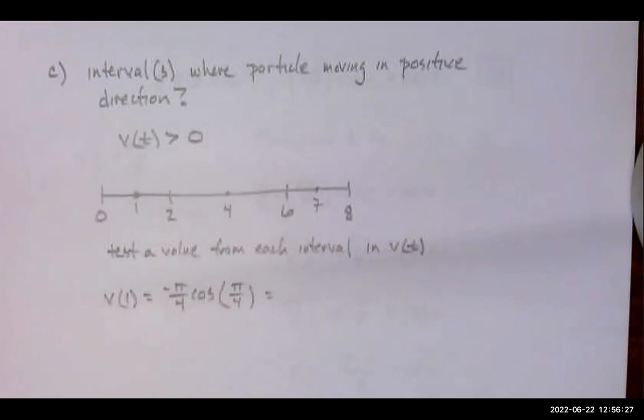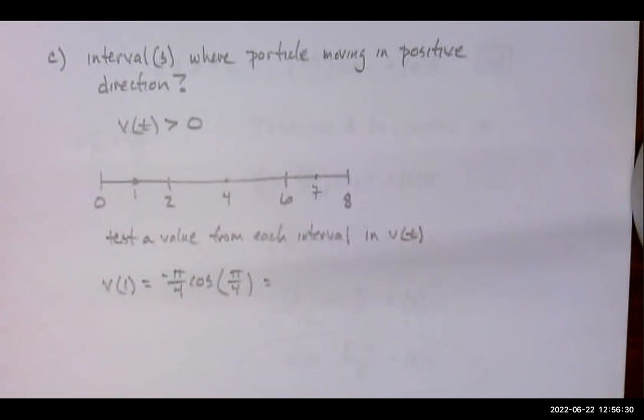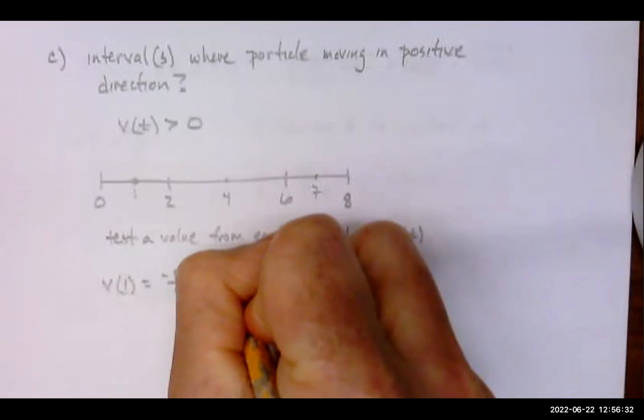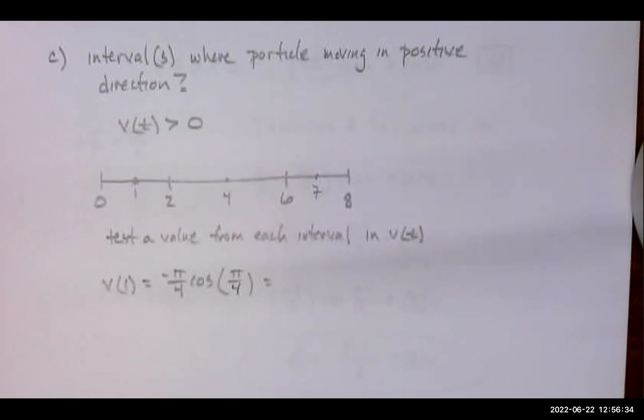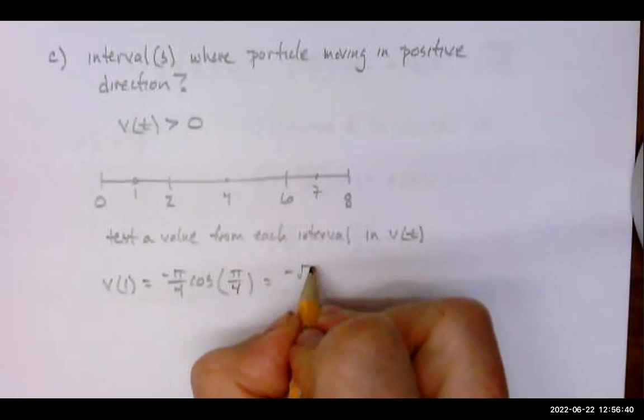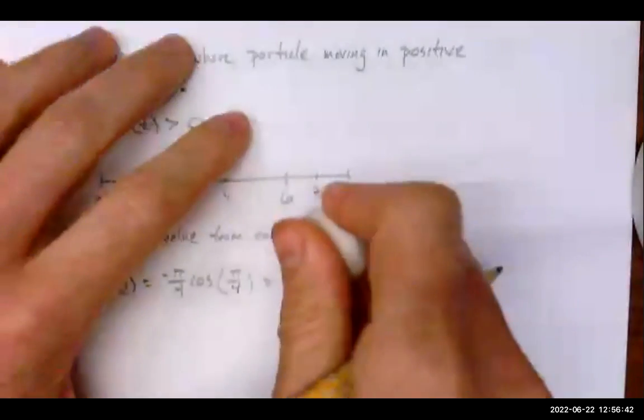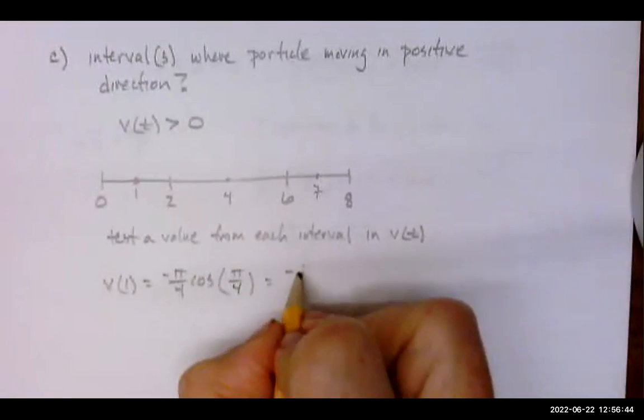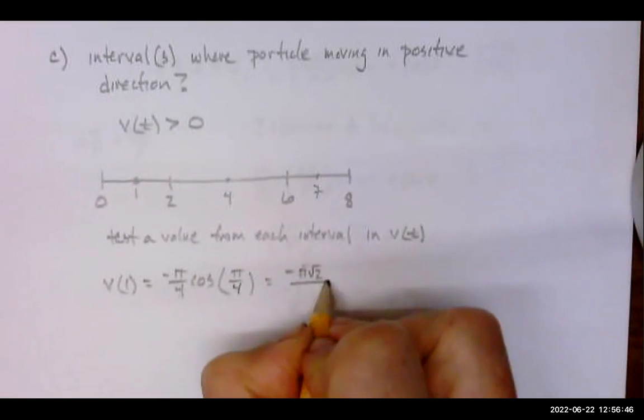Let's see. The cosine of pi over 4 is positive root 2 over 2. So root 2 over 2 times negative pi over 4 would be negative pi root 2 over 8.